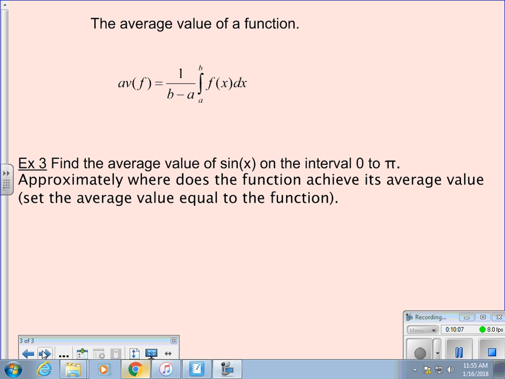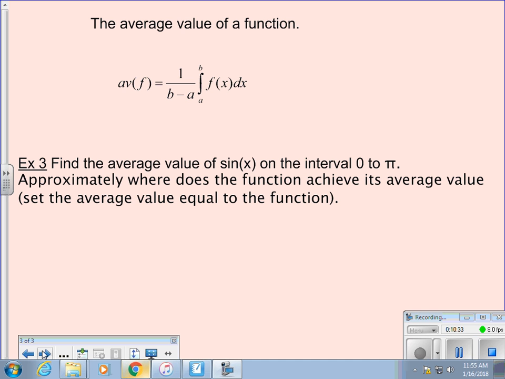It's doing the average. That's what this does. This gives me the average value of the function. I want the average of f of x. So, for example, what is the average value of the sine of x on the interval from 0 to pi?